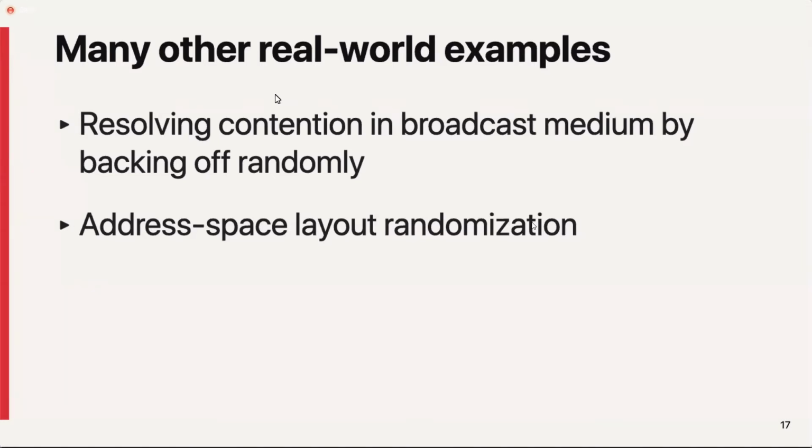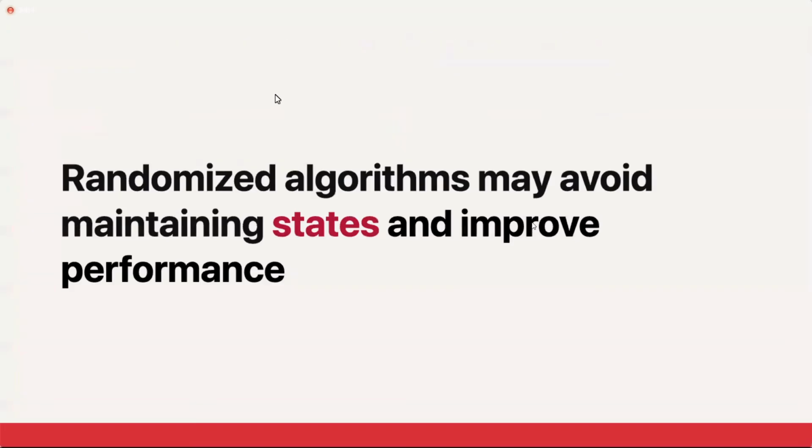And in general, randomized algorithms may avoid maintaining state and improve performance because they are simply very, very simple. That echoes our original high-level idea of simplicity. If we have something simple, maybe it's actually pretty good.